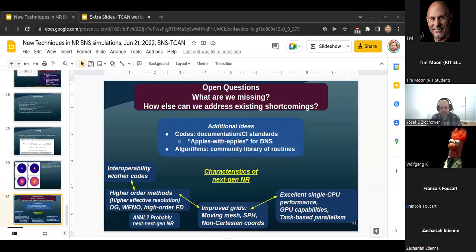It looks like we're in a much better state than we used to be, especially when it comes to the mixed binary, but also binary neutron stars with arbitrary spin. So yeah, I almost wish that we had our own day for just initial data, to be honest.